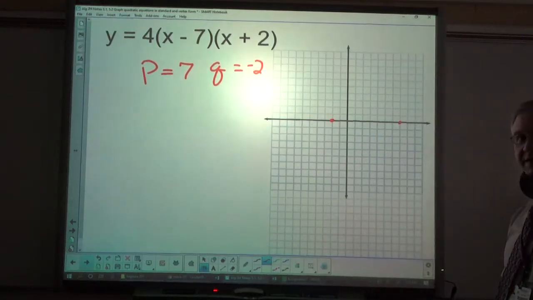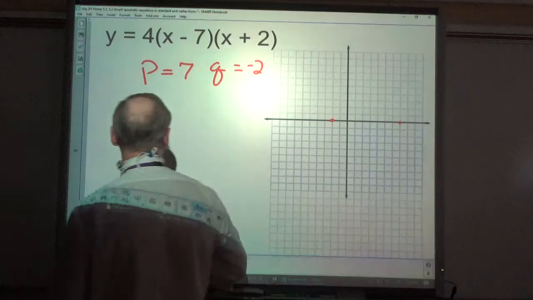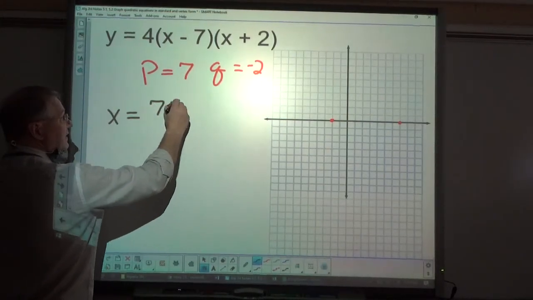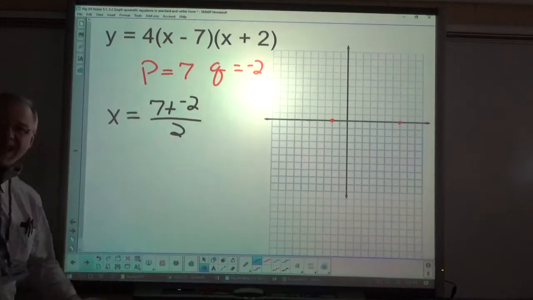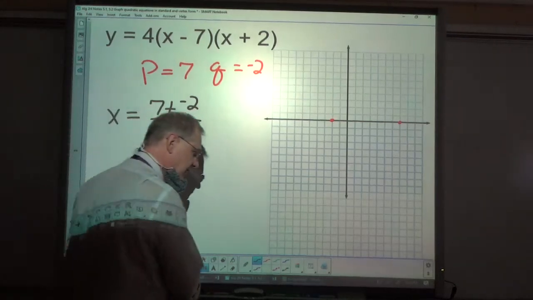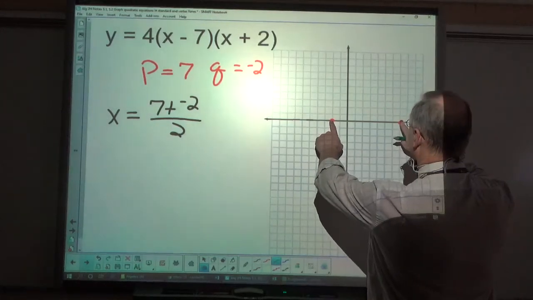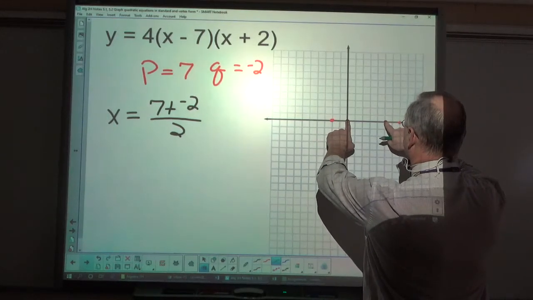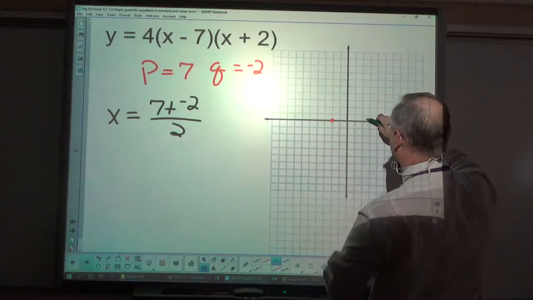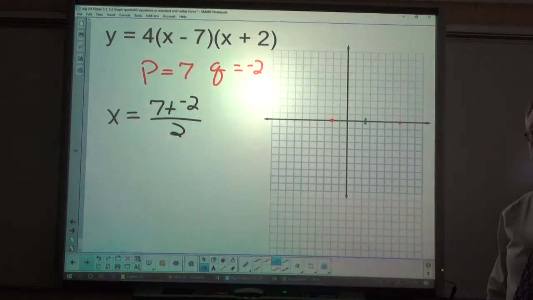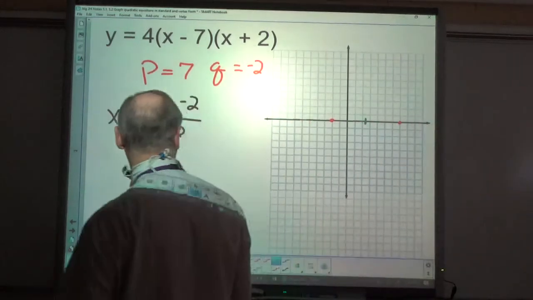Now, if you think about it, what we're doing when we're trying to find the x value of the vertex by adding 7 and -2 divided by 2, that's the average, isn't it? So that's the point halfway between them. So if you actually went 1 in, 1 more in, halfway between right there, that's going to be your vertex, x value anyway.